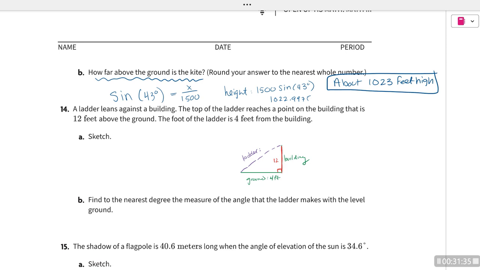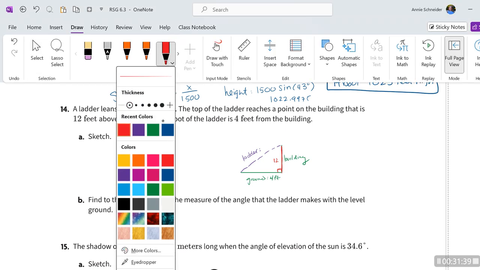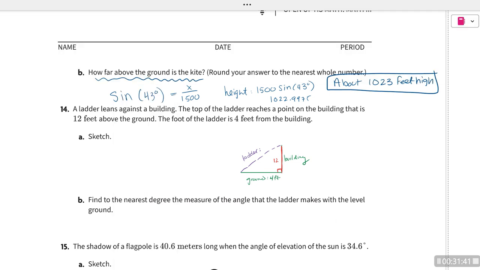It says find to the nearest degree the measure of the angle that the ladder creates with the level ground. So the angle that the ladder creates with the ground, we're talking about this angle right here. We know its opposite side and we know the adjacent side. So we're going to go ahead and use tan of this angle is opposite 12 over adjacent 4, or tan inverse of 3.